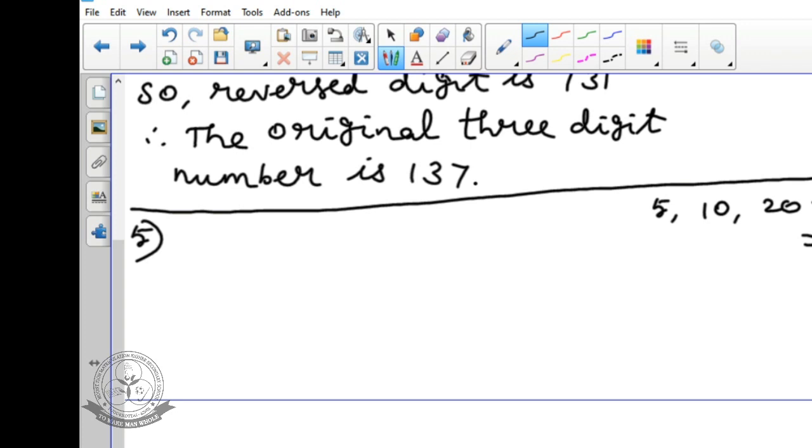Okay, first we have to see the first two equations here. Now we have to assume 5 rupees, 10 rupees and 20 rupees: this is x, this is y and this is z. So here also we are going to assume three variables. So we have to write like this.